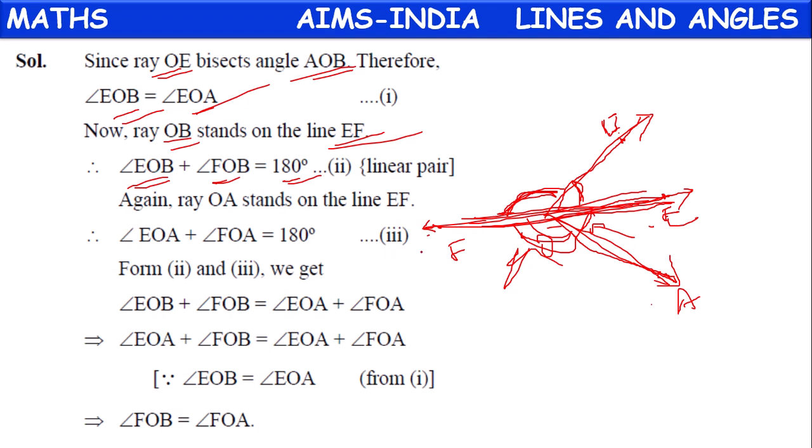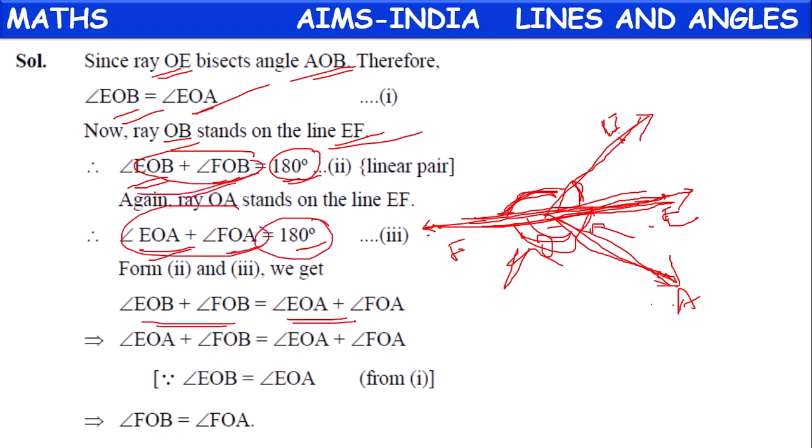So EOA plus FOA equals 180 degrees. Since this is equal to 180 and this is equal to 180, EOB plus FOB equals EOA plus FOA.